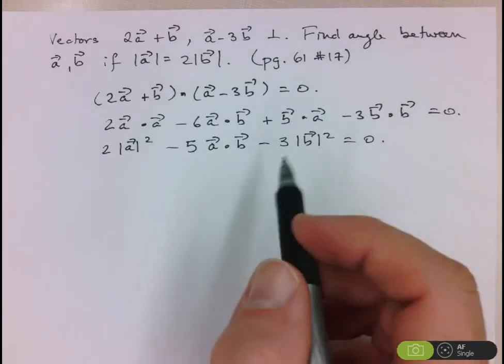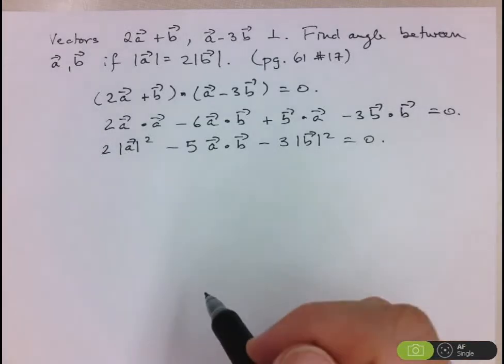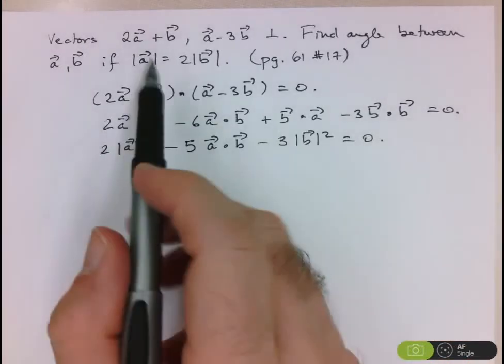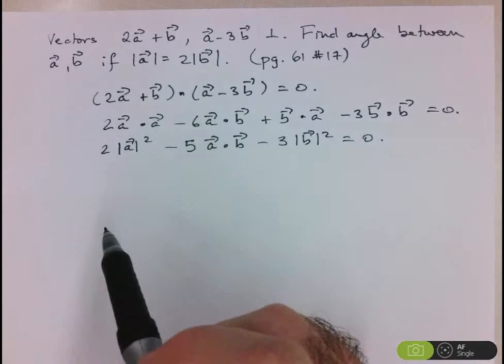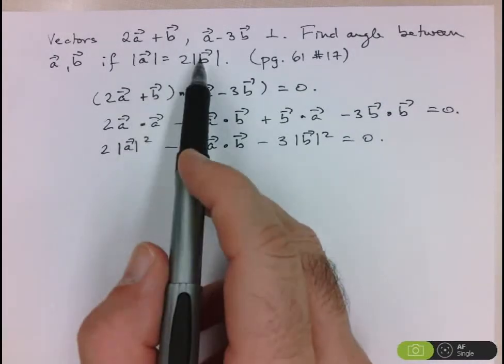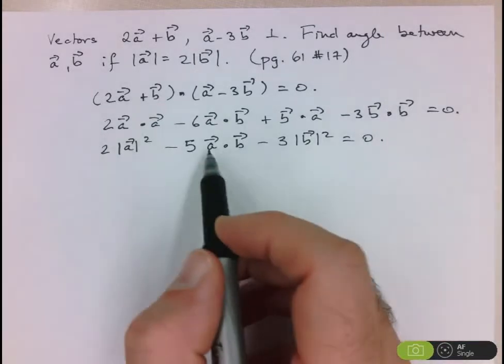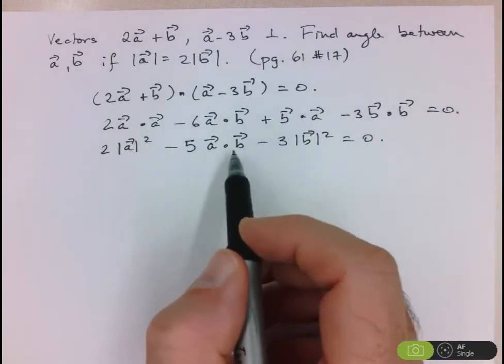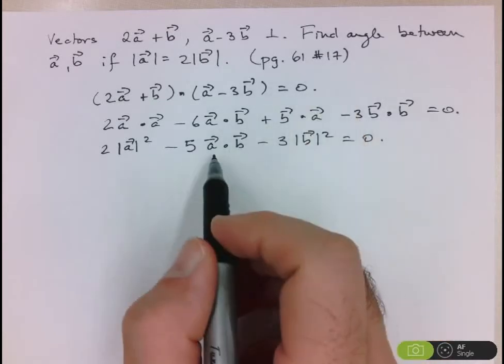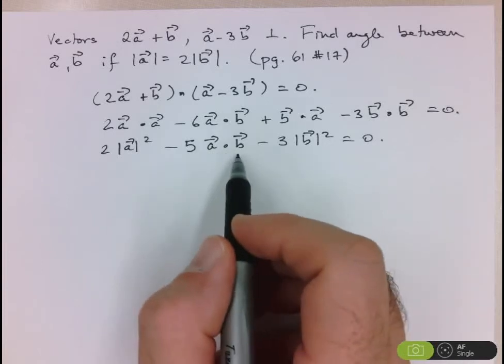So we still have the variables vector a, vector b. Let's see if we can combine stuff together. Well, I know that the magnitude of a is 2 times the magnitude of b. So wherever I see the magnitude of a, I can just replace that by 2 times the magnitude of b. And since I have some relationship between the magnitudes of the two vectors, and what I'm looking for is the angle between them, it makes sense to apply the geometric definition of the dot product, because that contains the magnitudes and the cosine of the angle, which is what I'm looking for.